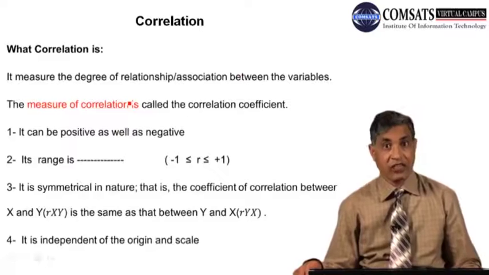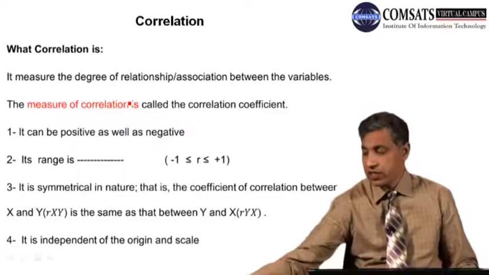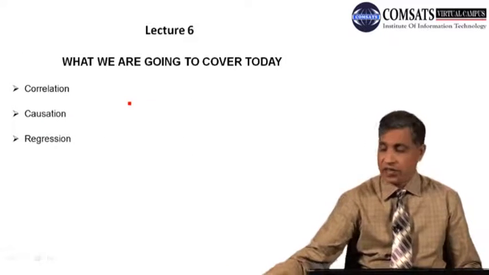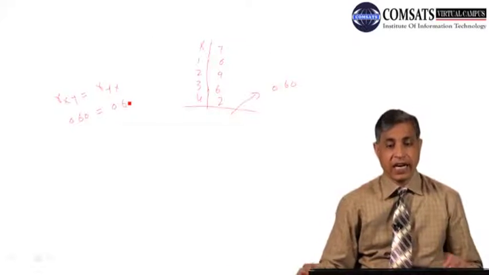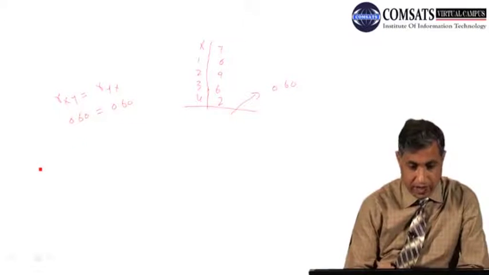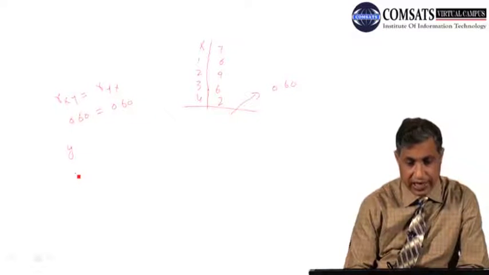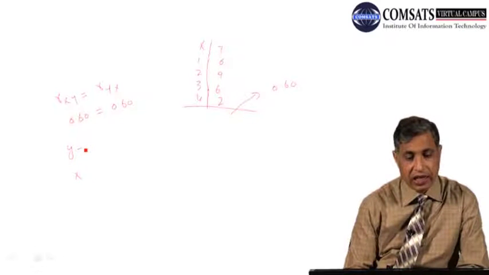This is another very interesting characteristic of the correlation coefficient. It says that it is independent of origin and scale. For example, one variable is y, the other is x. Suppose I generate a new variable y star, where y star is equal to y plus 5.